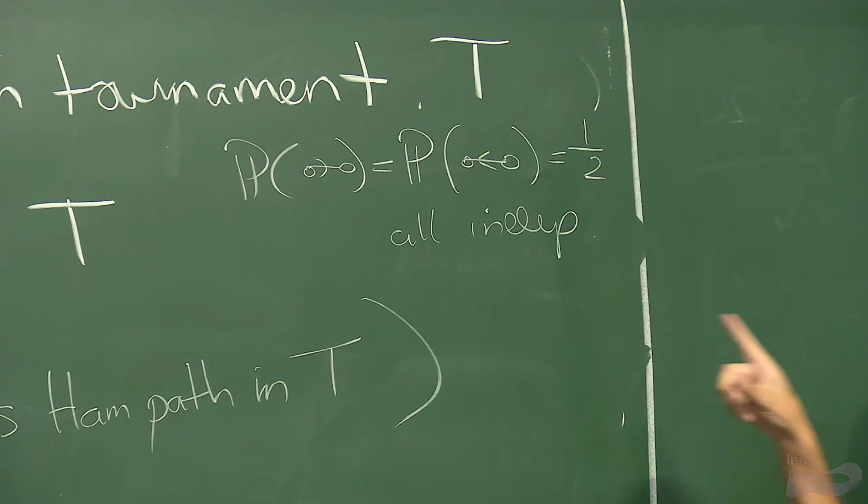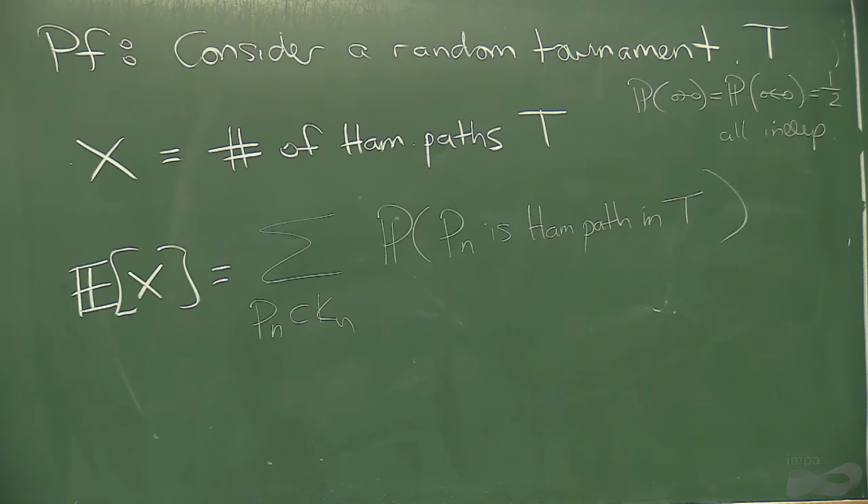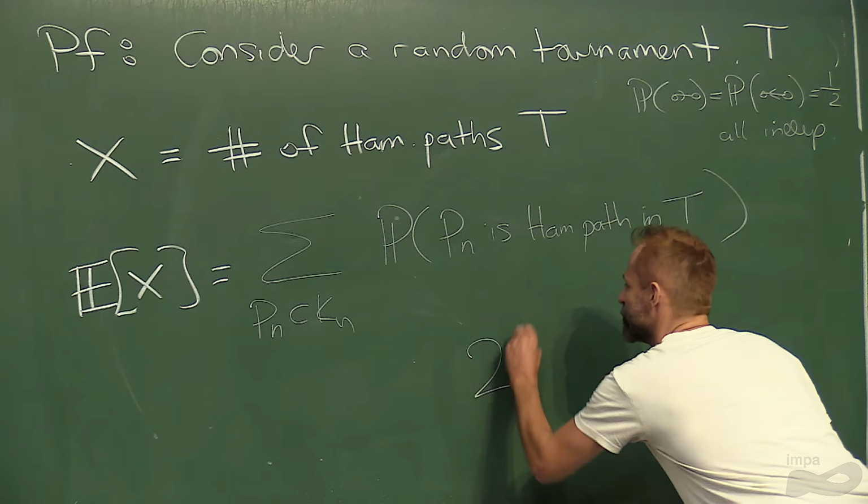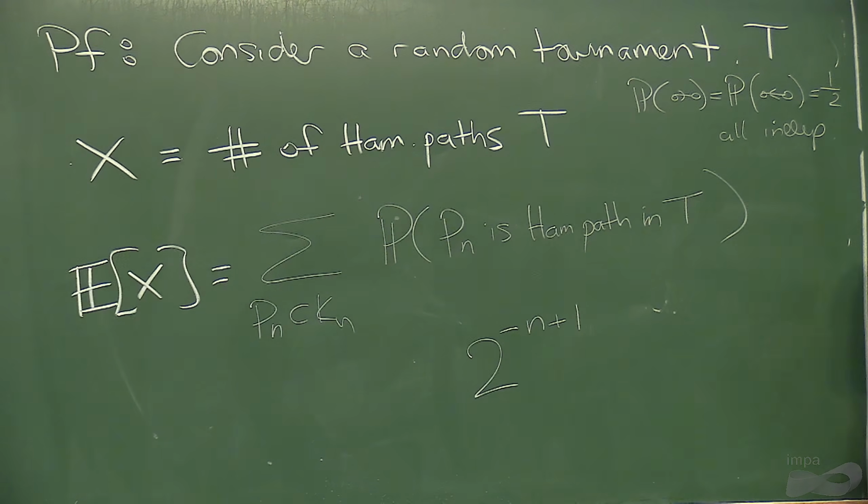There are n minus 1 edges, each with probability a half, independent, so just multiply the probabilities. It's exactly 2 to the minus (n minus 1). For every path, it's the same probability, 2 to the minus (n minus 1). The n minus 1 edges all have to go left to right.